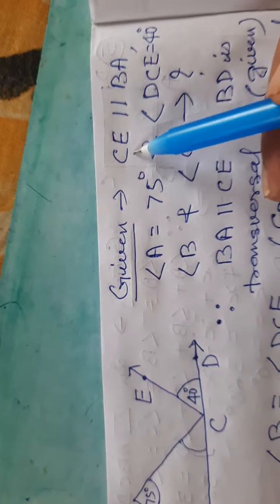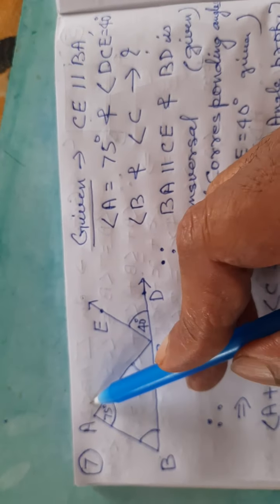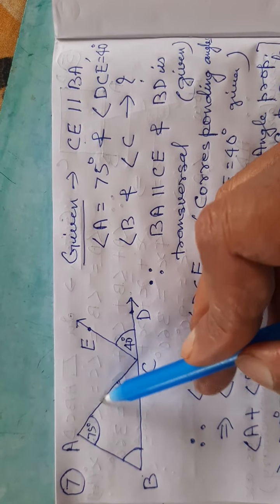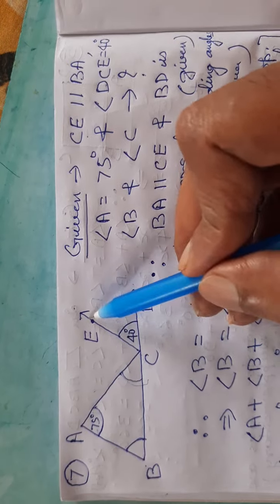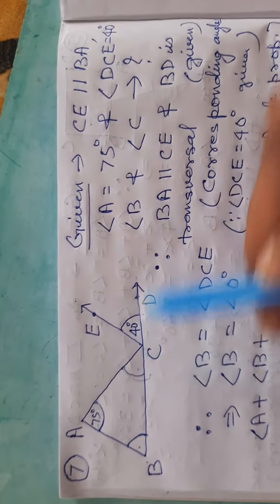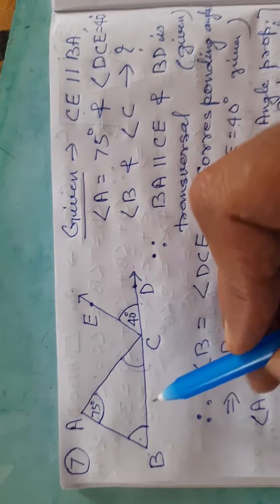Here given CE is parallel to BA, angle A is 75 degrees, angle DCE is 40 degrees.